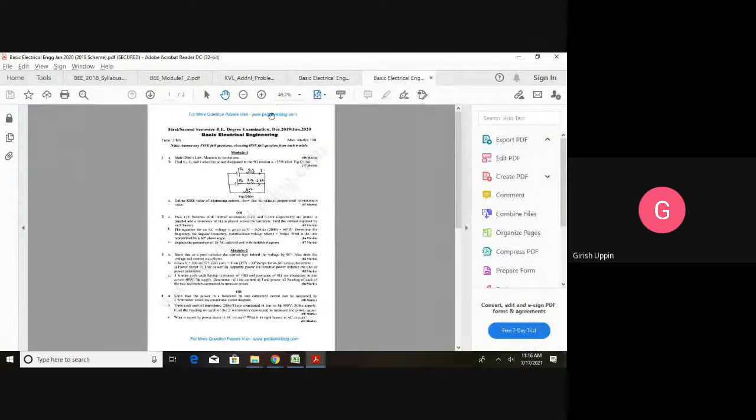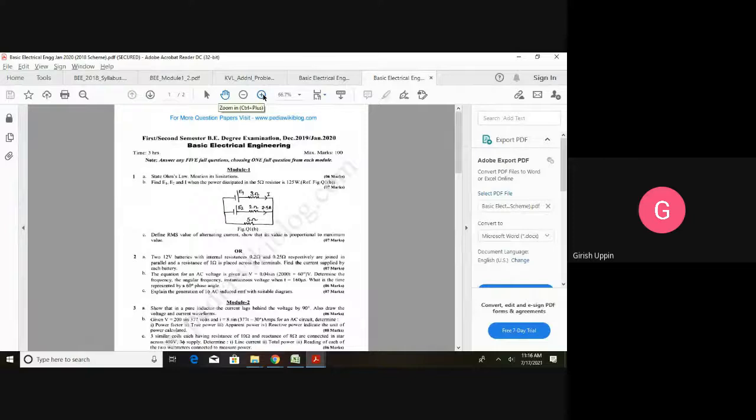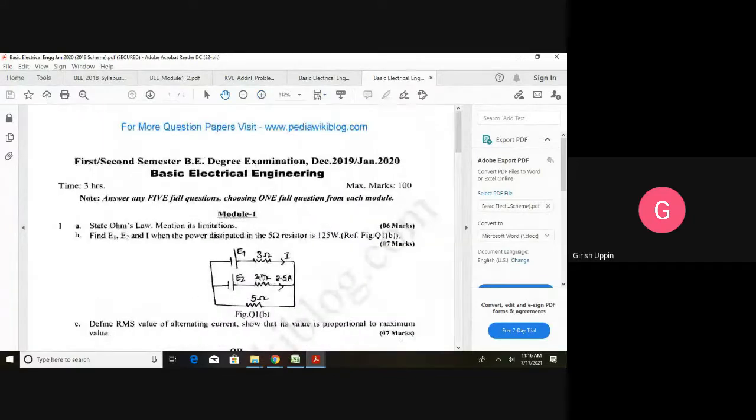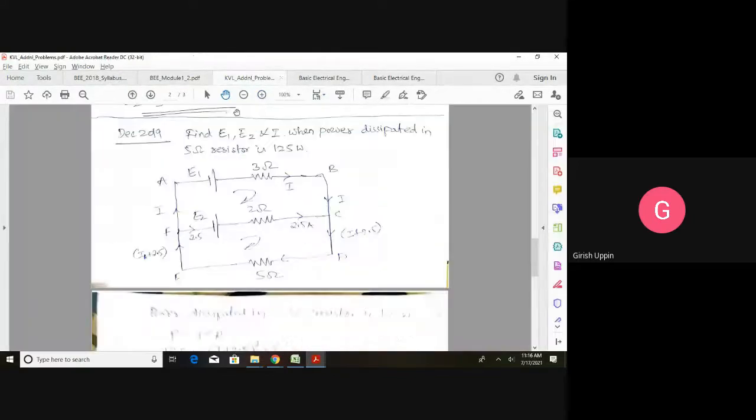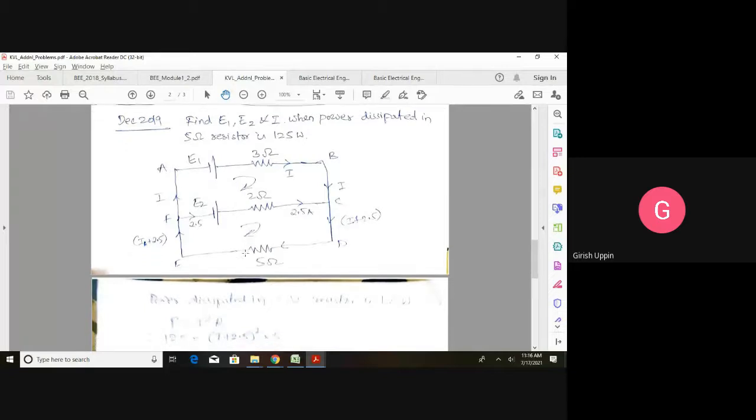So this is the same problem that is solved. You can see this problem, the same problem.